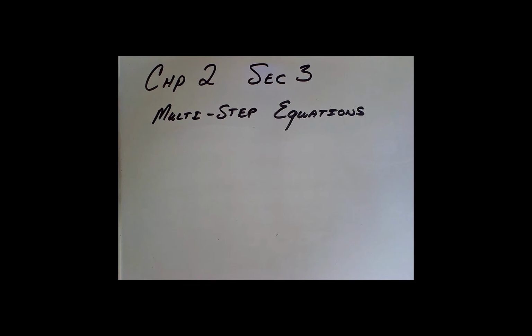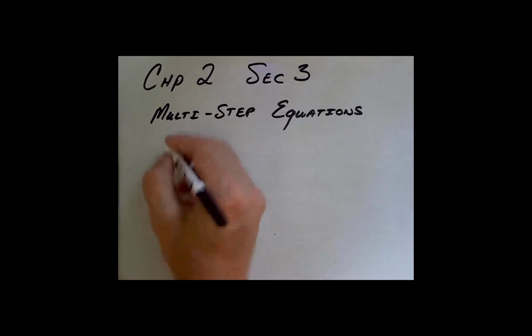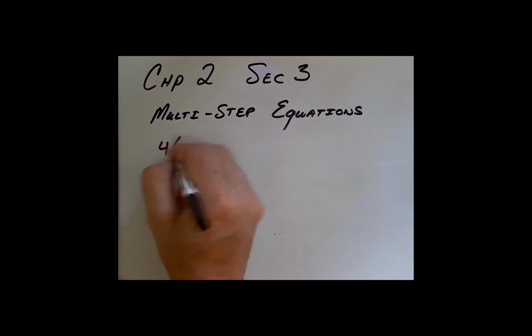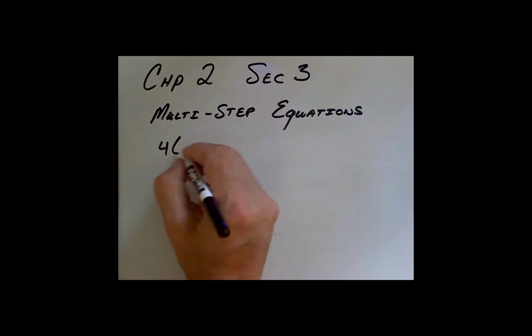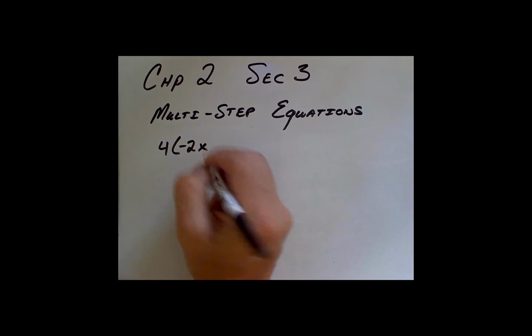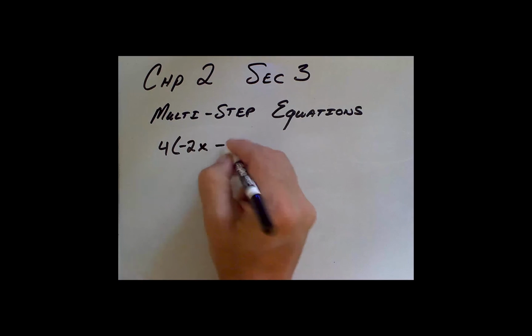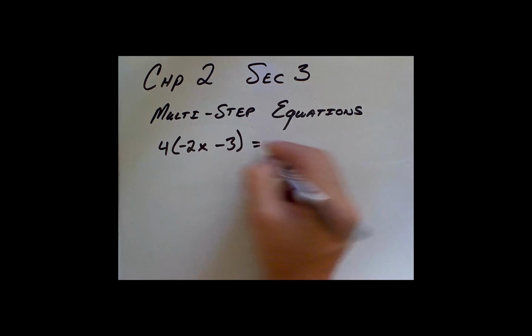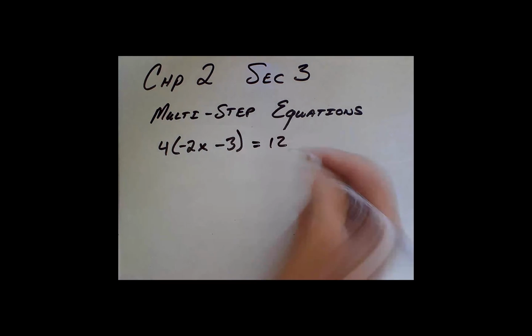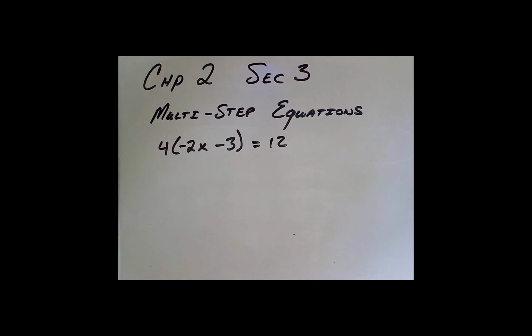Let's take a look at a couple other examples, and I want to do one here that may be a little bit tougher to see because there are multiple steps we have to do in this equation. This one would be 4 times, in parentheses, negative 2x minus 3, equals 12. What would be the multi-step on this one?